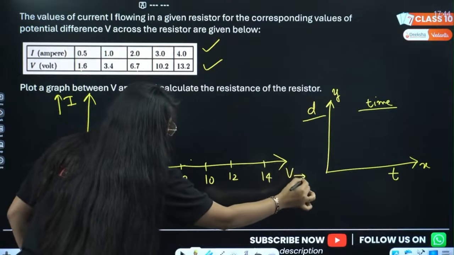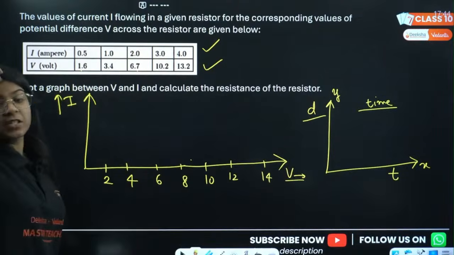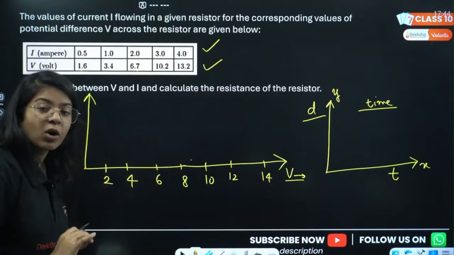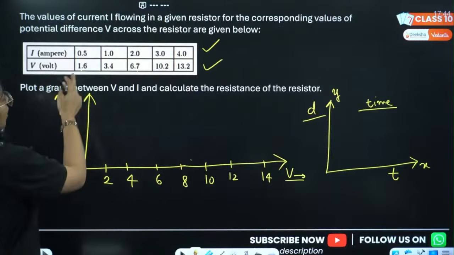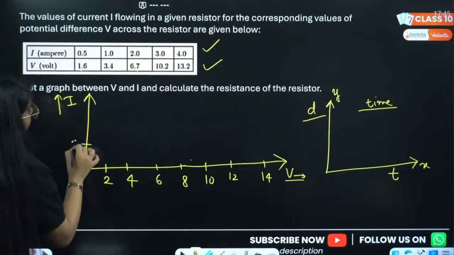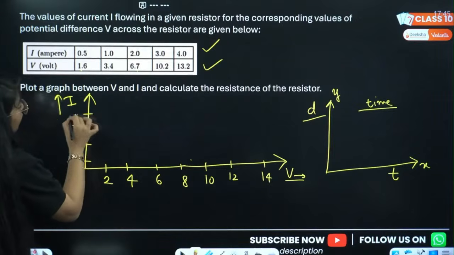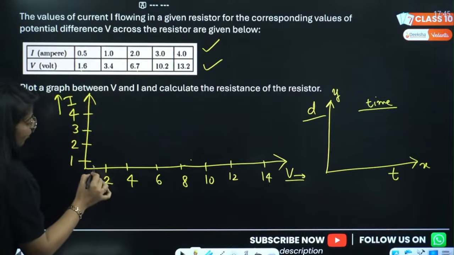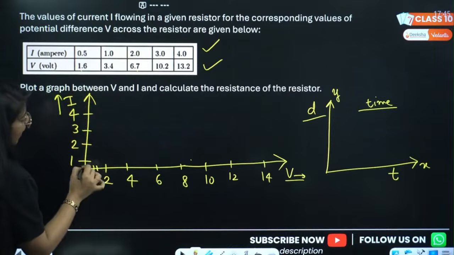This is V. Make it with the help of a scale on equal centimeters, on equal distances. Now current is just 4. So 2, 3, 4. Now 0.5, 1.6. 1.6 will be somewhere here, and this is 0.5.